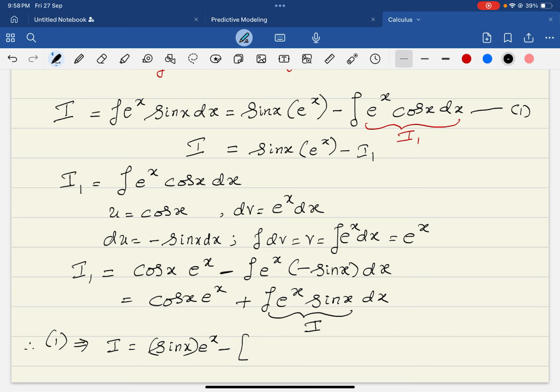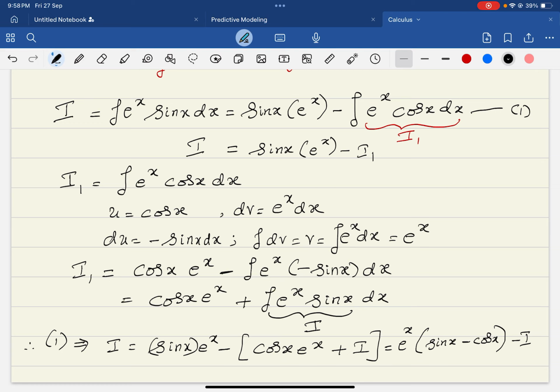Now I plug in the I1 value: cosine x e raised to x plus I, the original integral. Taking e power x common in the simplification, it will be e power x times sin x minus cosine x, and minus I.